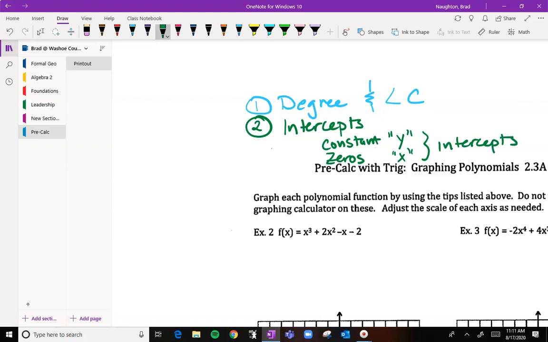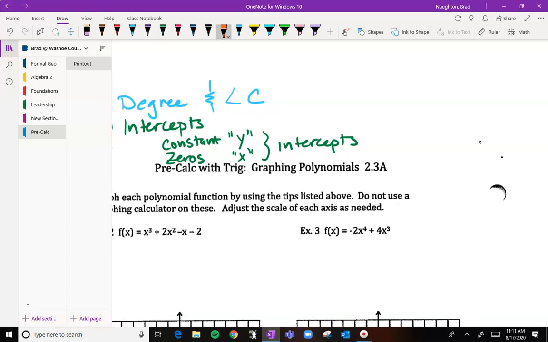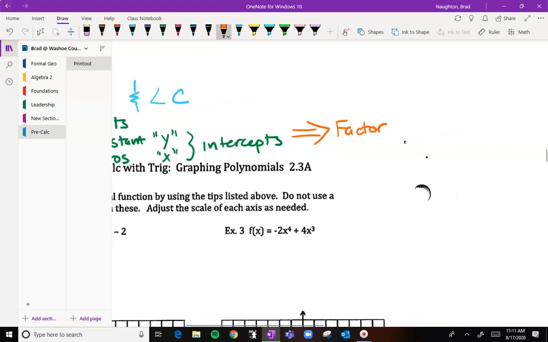Now, to do that, ladies and gentlemen, boys and girls, you're going to have to factor to find those x-intercepts or those zeros. So the rules for factoring for today: the first thing I want you to do is find a GCF.